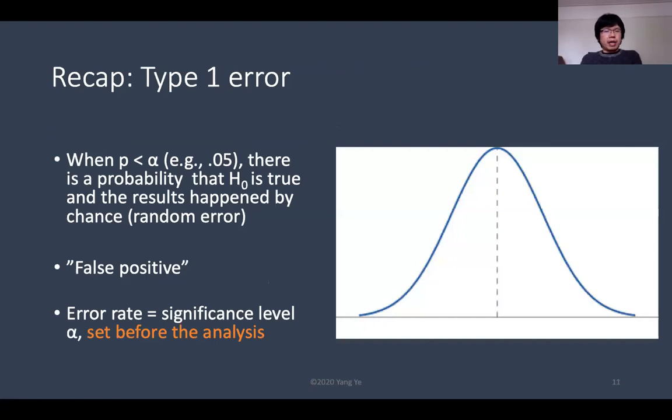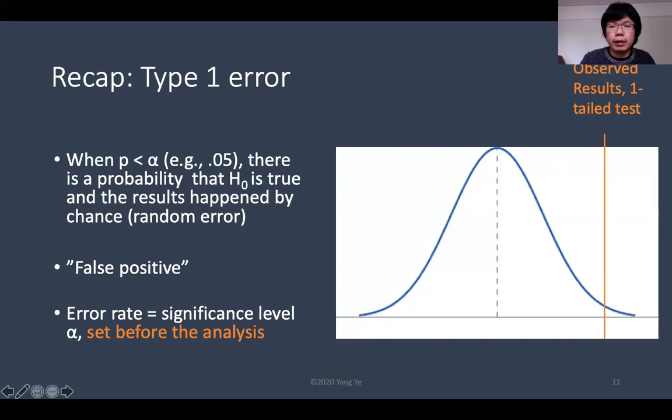Okay. We briefly talked about type 1 error, so just a quick recap. A type 1 error happens when the null hypothesis is true, but we happen to observe an extreme value that is due to random chance. If we observe the results fall out of the range, and at the same time the null hypothesis is true, then we have committed a false positive error, and the error rate is set before the analysis.